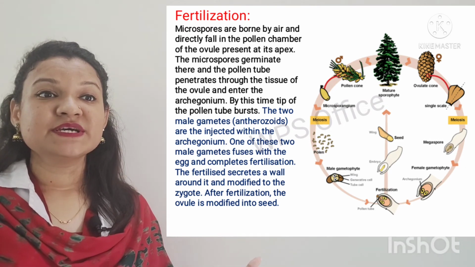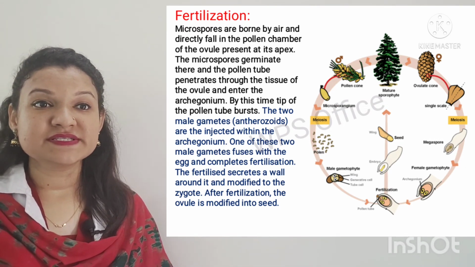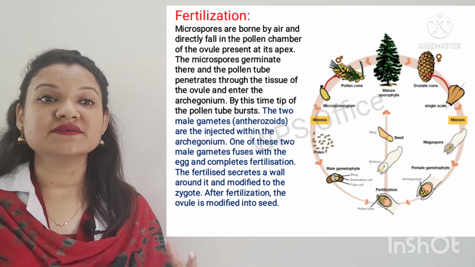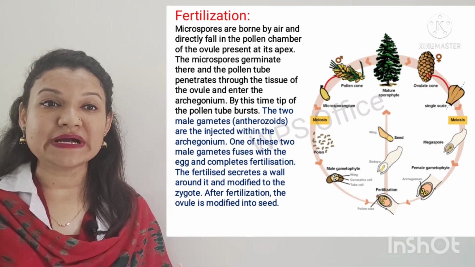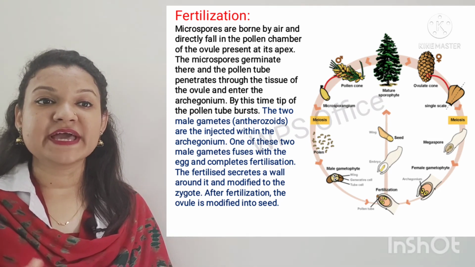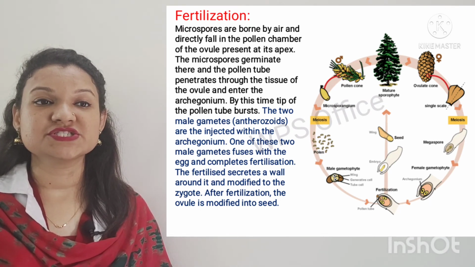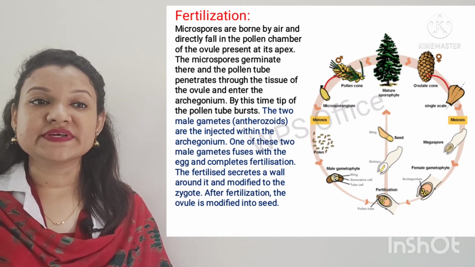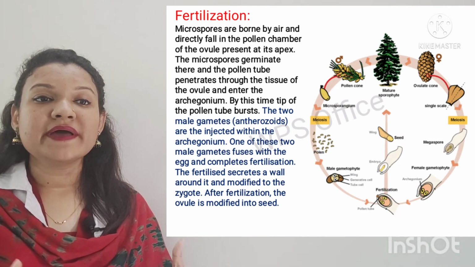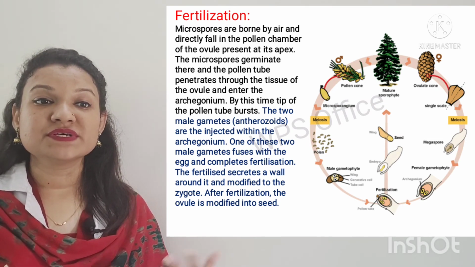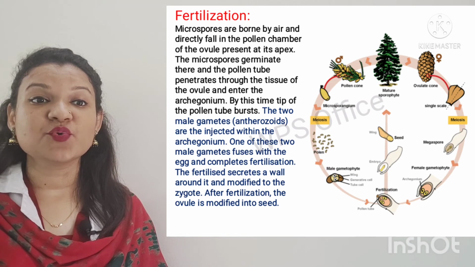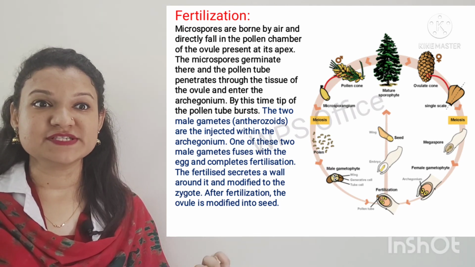By this time, the tip of the pollen tube bursts. The two male gametes are injected into the archegonium. One of these two male gametes fuses with the egg and completes fertilization. The fertilized egg secretes a wall around it and is modified into the zygote. After fertilization, the ovule is modified into a seed.